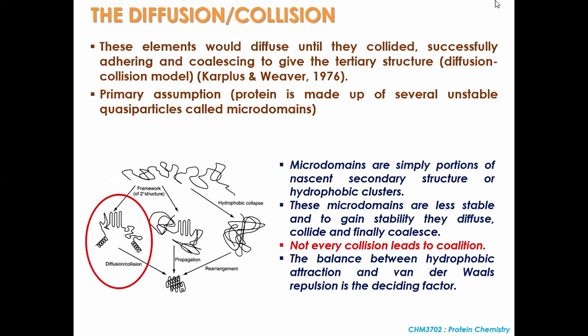This is the first mechanism, diffusion. This mechanism proposes that if you have this primitive initial structure, the pieces will diffuse and collide to give a bigger structure. This concept is proposed by Martin Karplus and Weaver. They will just collide, just like our universe. In the beginning of our universe, everything was hot, and then things started to diffuse and collide.